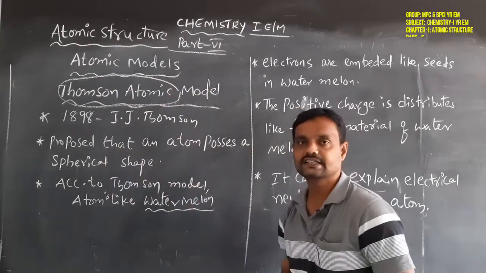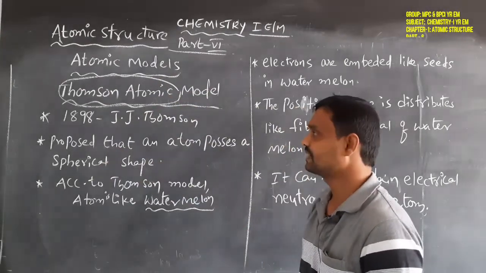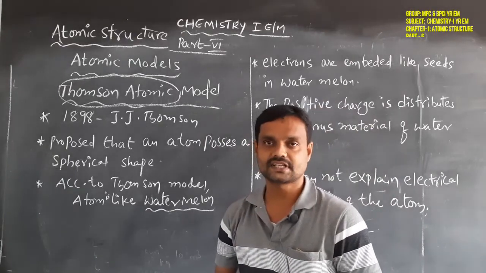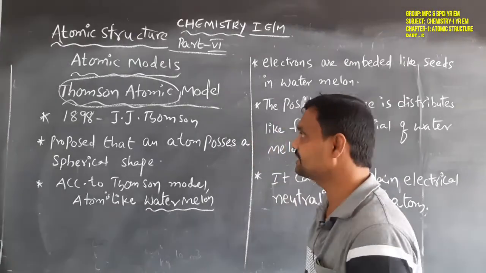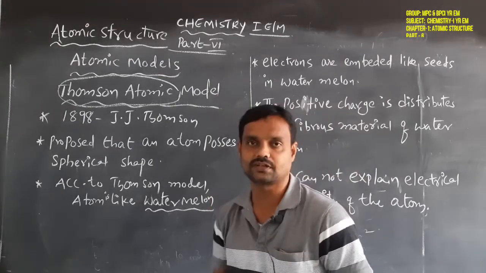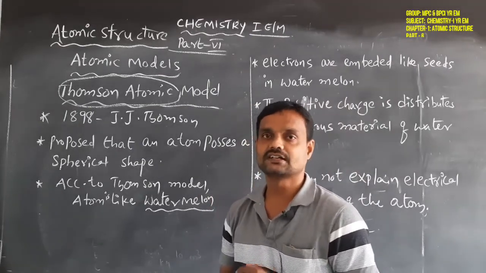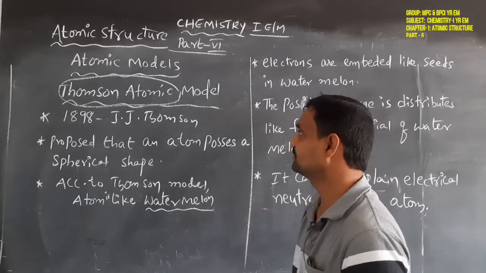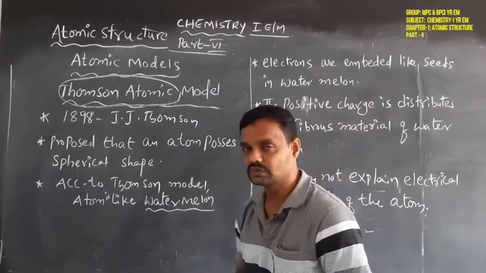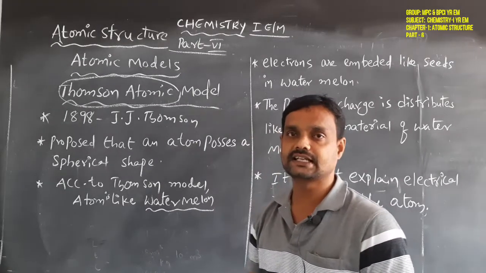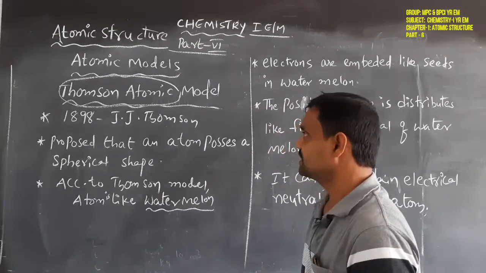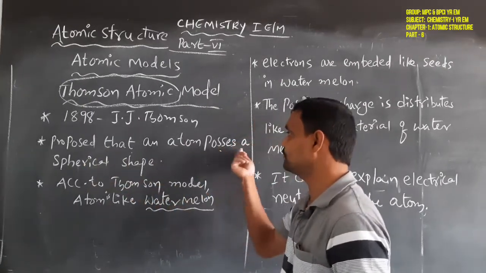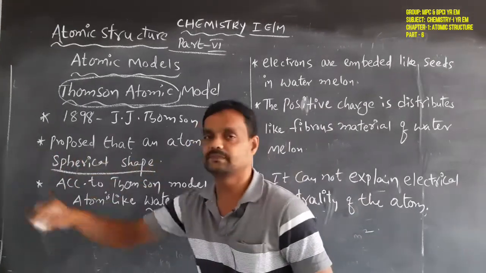In the year 1898, the scientist J.J. Thomson introduced this Thomson atomic model. Who is that scientist? J.J. Thomson introduced this atomic model in the year 1898. In this model, Thomson proposed that an atom possesses a spherical shape.